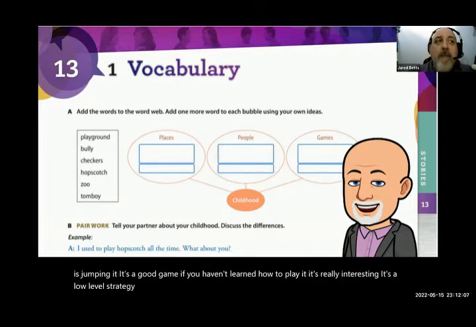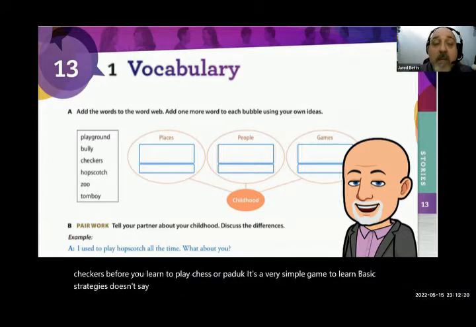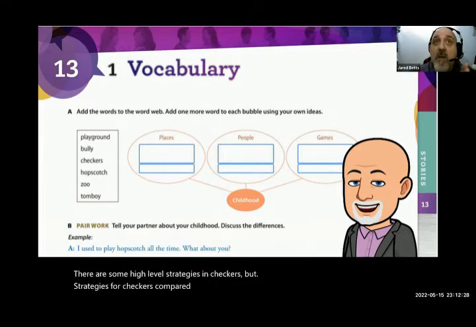This would be a game that you might learn before you learn to play chess or paduk. It's a very simple game to learn basic strategies. Doesn't say it's a bad game. Doesn't say that it's a low-level game. There are some high-level strategies in checkers, but strategies for checkers compared to chess or paduk are much easier to understand.